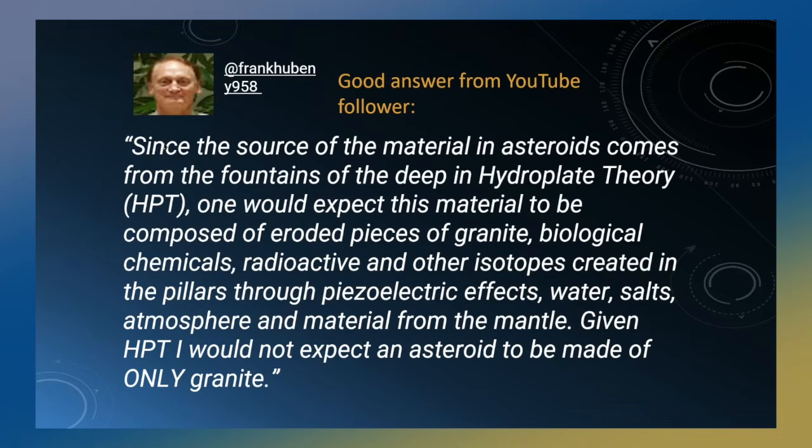He said, since the source of the material in the asteroids comes from the fountains of the deep in hydroplate theory, one would expect this material to be composed of eroded pieces of granite, biological chemicals, radioactive and other isotopes created in the pillars through the piezoelectric effect, water, salts, atmosphere, material from the mantle. Given hydroplate theory, I would not expect an asteroid to be made of only granite. And we're going to find out that they aren't made of just granite.